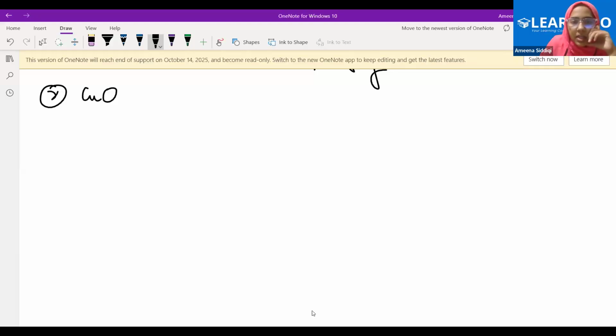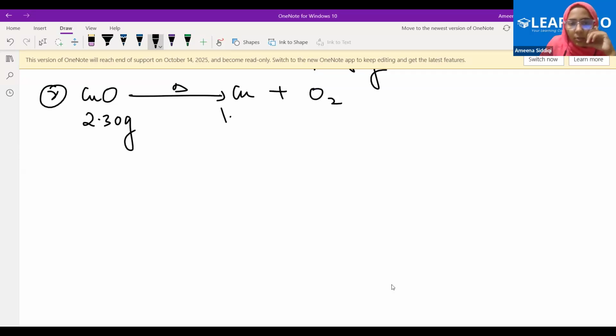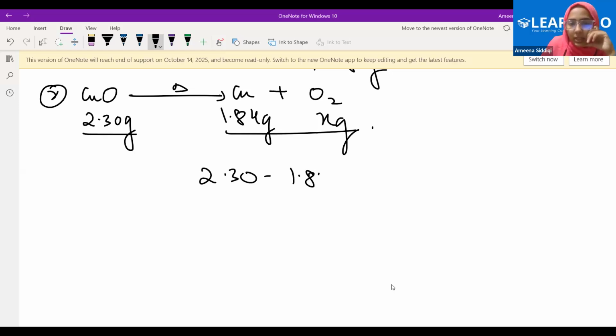This is the second method, which is decomposing to give you copper plus oxygen. How can we get the mass of oxygen here? Again, the total mass on the reactant side will be equal to the total mass on the product side. So 2.30 minus 1.84 grams. How much do we get?